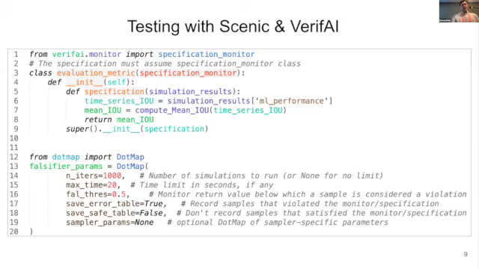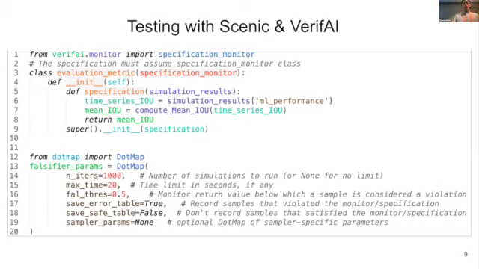And in this specification function, which you have to fill out, it already comes with an input argument called simulation results. In that simulation results, previously we were saving the ML performance results at every 0.1 second. Now we're accessing that information, which is time series data. And then let's say you're computing your mean intersection over union.